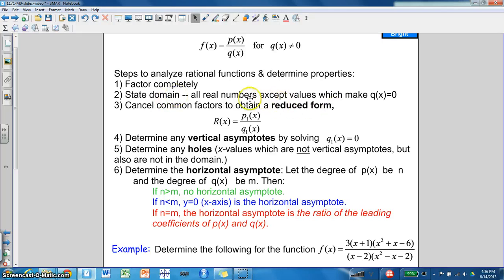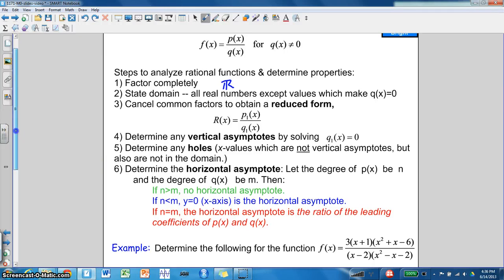Typically the domain is going to be all real numbers, and if you've seen the double-bar R symbol, that means all real numbers. So you can say all real numbers except whatever x values make q of x equal to 0. Then we cancel and get a reduced form. Then determine vertical asymptotes, holes, and horizontal asymptotes, and we have a few different cases to consider for the horizontal asymptote.